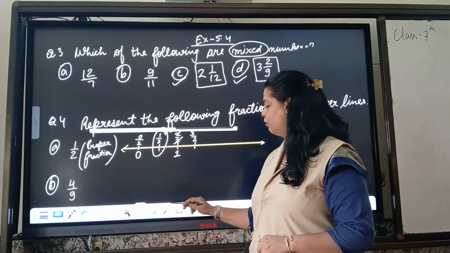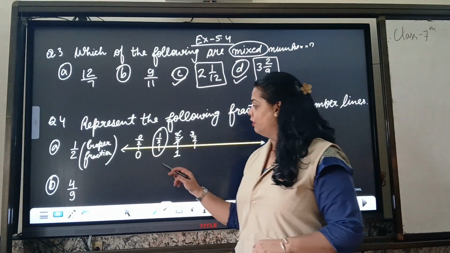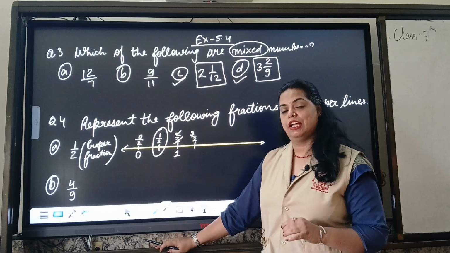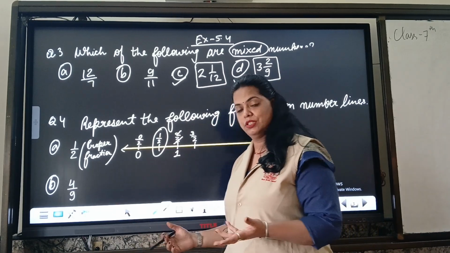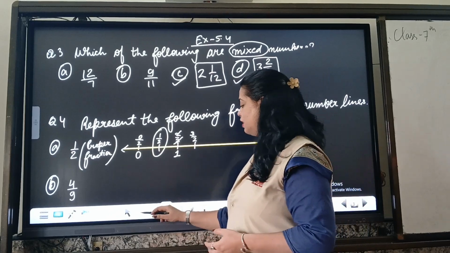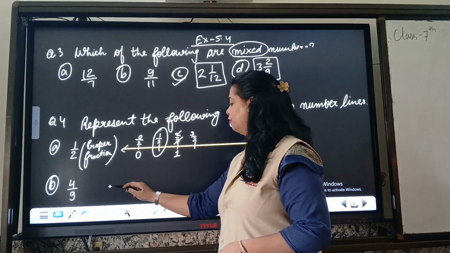So, again we are going to draw this number, but we are quite sure that this number will lie between 0 and 1. And how many sections we need to draw? 9. As much denominator as you have, the same number of sections you have to draw on the number line.